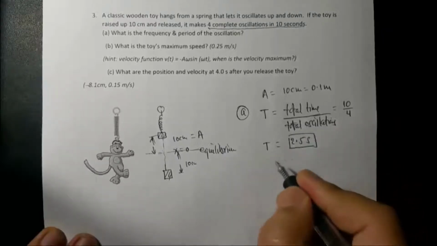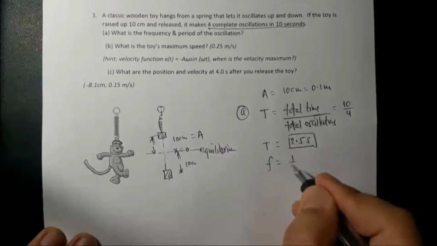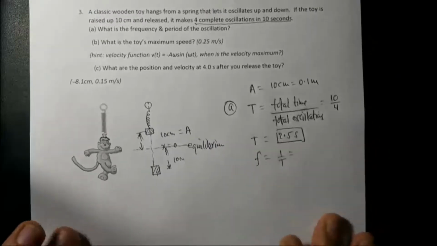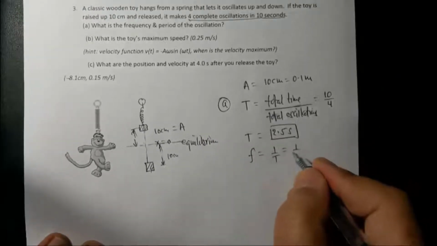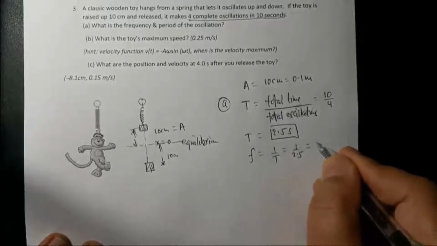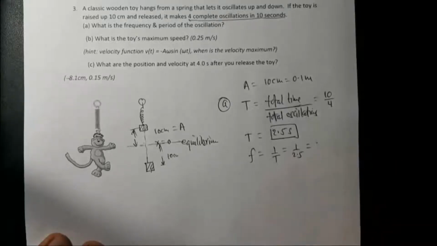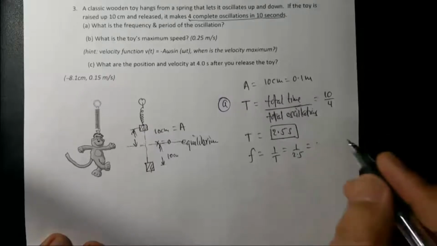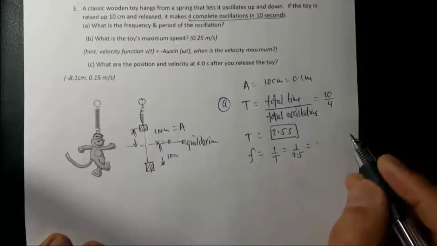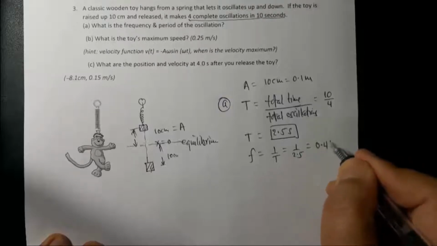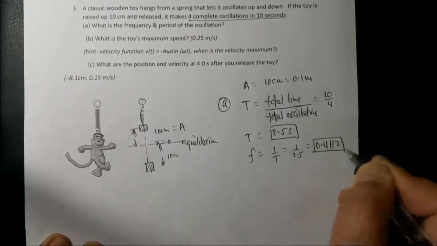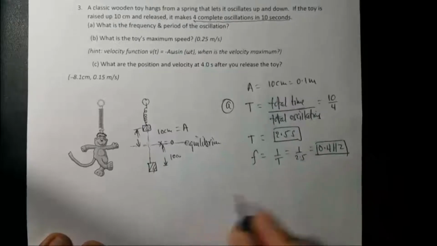Frequency is the reciprocal of the period, so you can calculate the frequency from here. 0.4 hertz is your frequency. Okay, that's the first part.